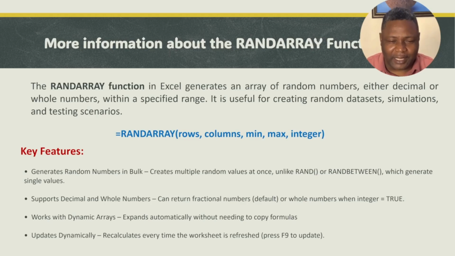So the criteria is that you specify the number of rows, the number of columns, your minimum value, your maximum value, and whether you want an integer or a decimal return. It takes care of that INT you would otherwise need to put at the back. The key feature is that it provides random values across an array, not a single value. So now let's go into the Excel sheet and see how this can be done.